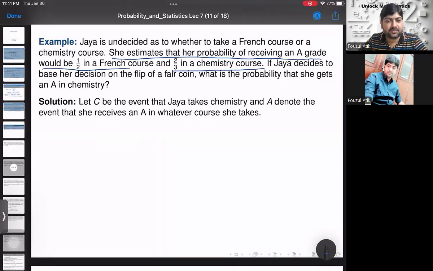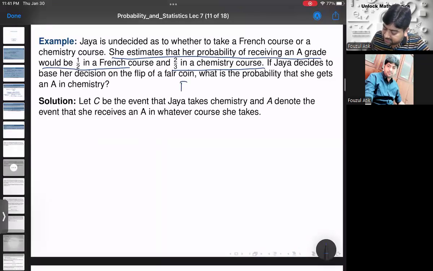We have not denoted it, but suppose F is the event that she takes a French course. Then from the first statement, the probability that she receives an A grade is 1 by 2, if she takes a French course.